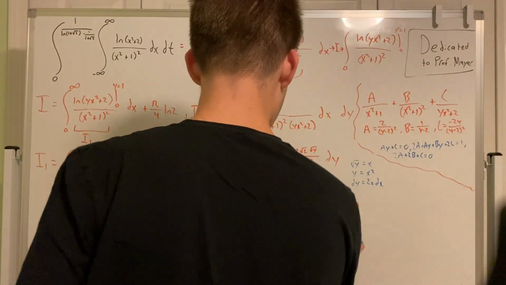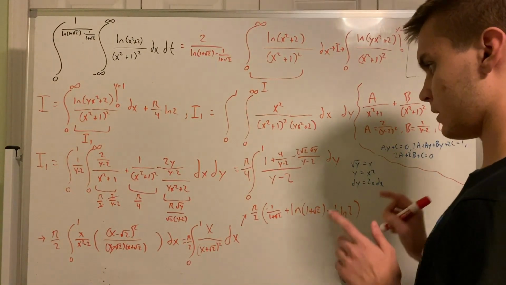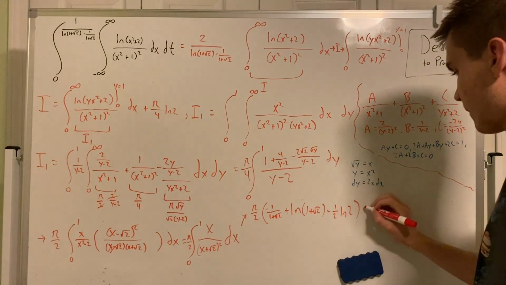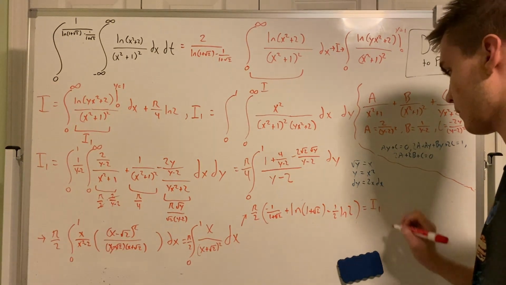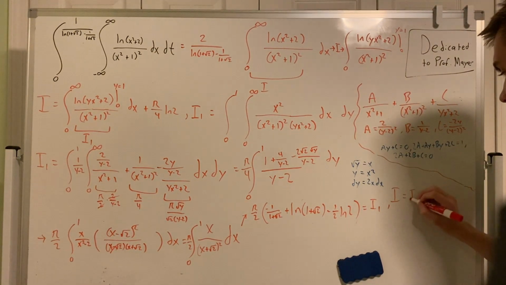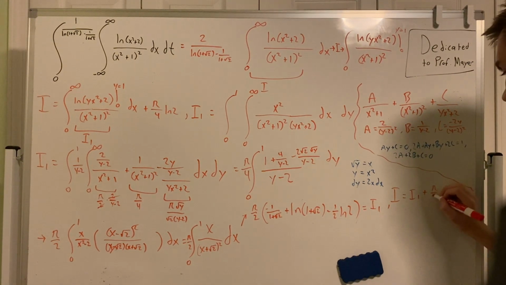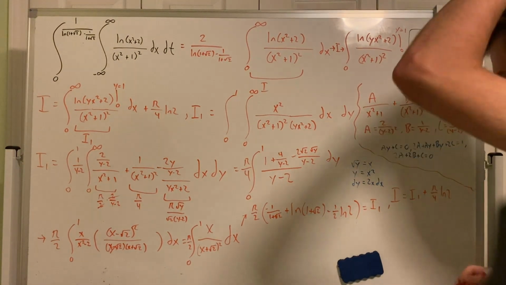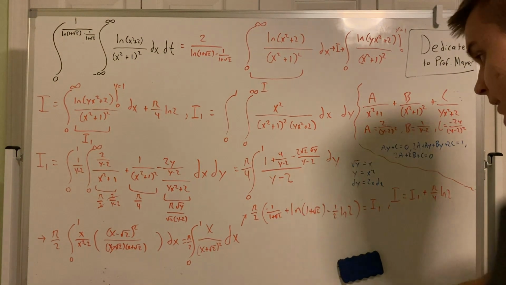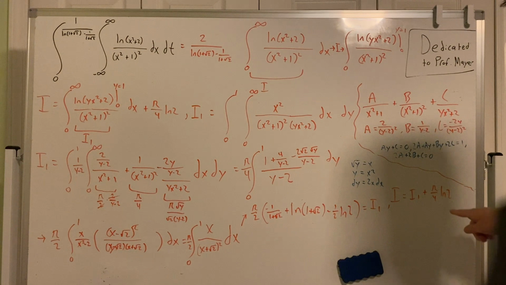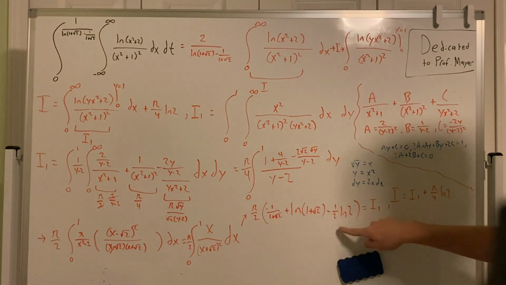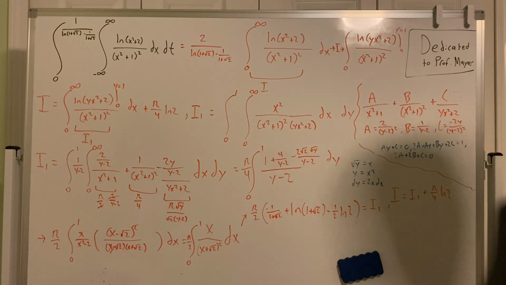Okay. So this is equal to I sub 1. And we established that I was I sub 1 plus pi by 4 ln 2, which conveniently, again, this problem has so many pleasant surprises. This pi by 4 ln 2 will cancel with this term, because when you multiply this pi by 2 into this, you get minus pi by 4 ln 2.